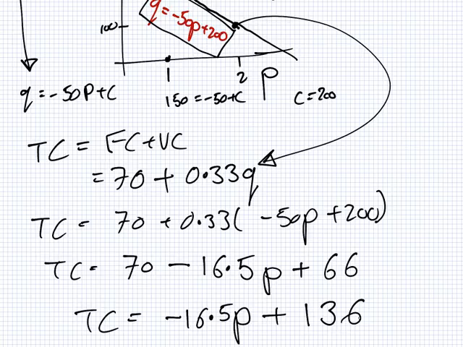Is that okay? So if the price is 0, what's the cost for the business? It will cost them 136 euros to do business at price 0. As we increase the price, we get different costs. So, let's go on to the next part.